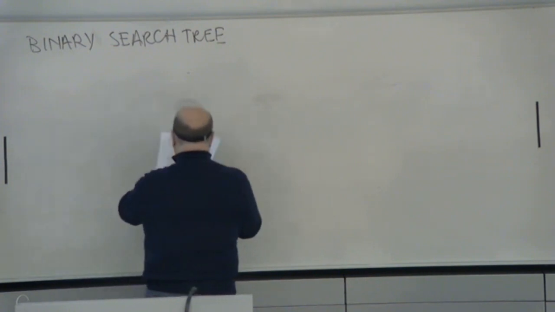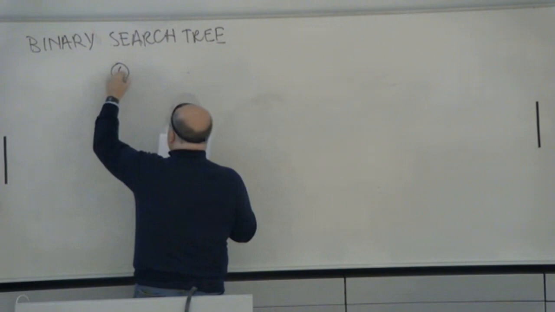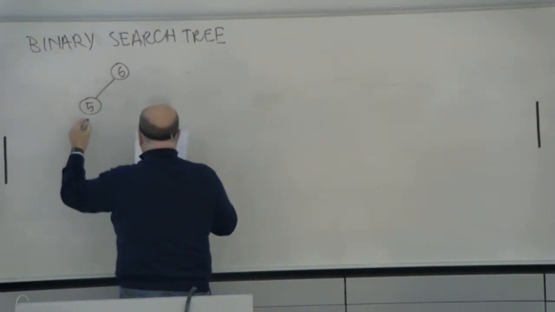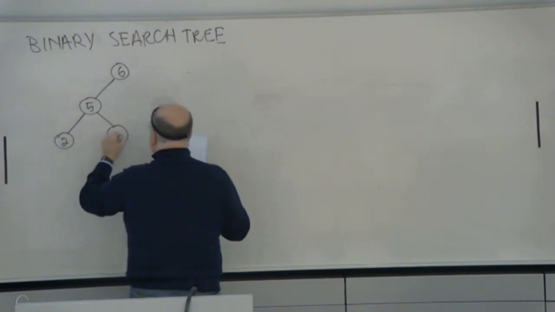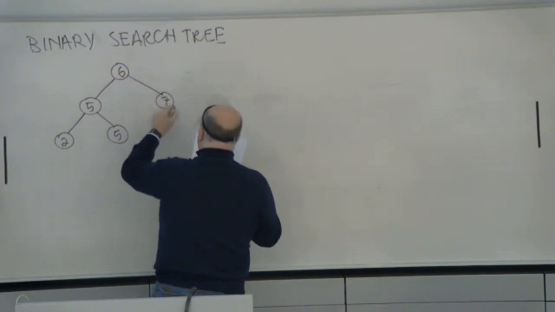is, well, it's represented by a binary tree, of course. So there are a couple of examples in the book. One is this one, 6, 5, 2, say 5, and then on the other side we have 7 and 8.